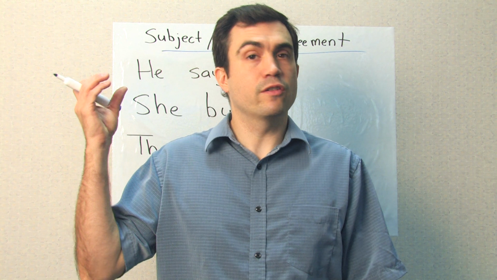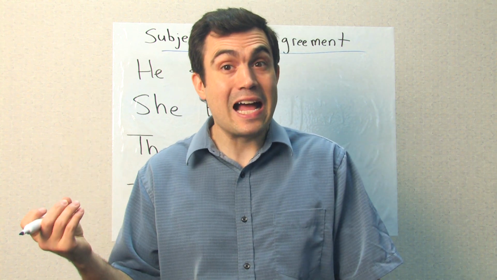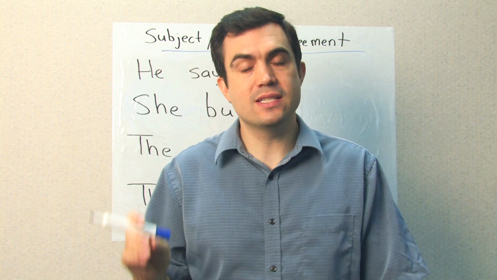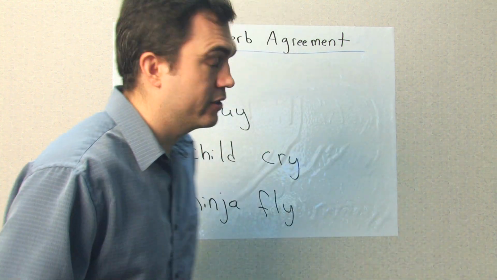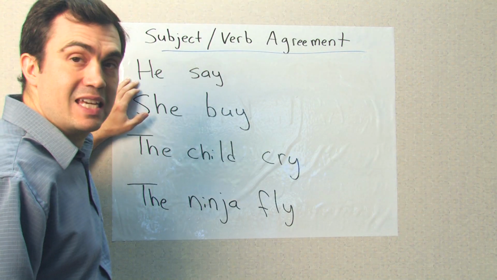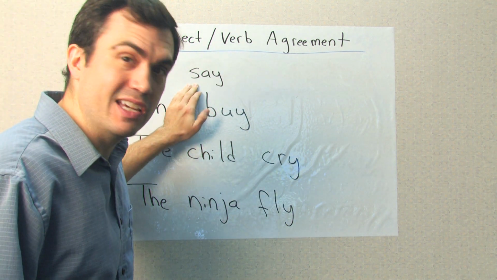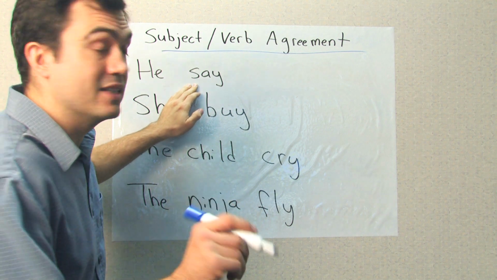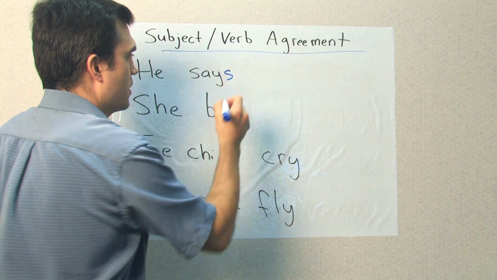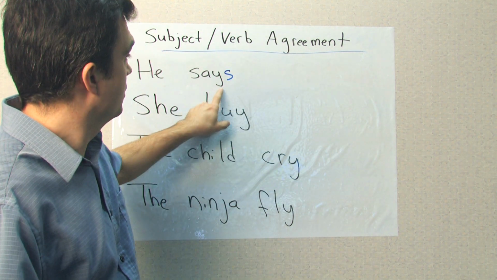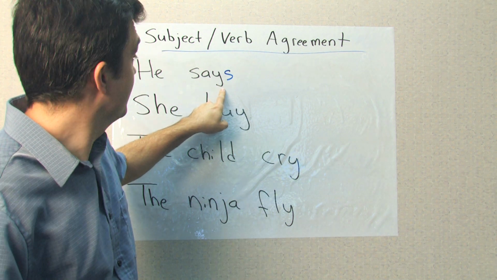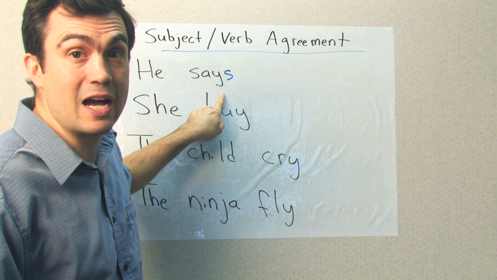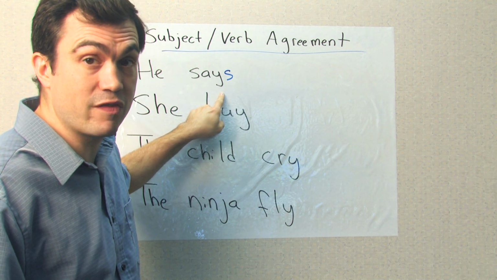Okay, what about verbs that end in Y? What do we do with the letter Y? Well, it depends. Let's look. He, say. Is this correct? No. He says. Look, it ends in Y, but it ends in a vowel plus Y. In this case, it's very easy.